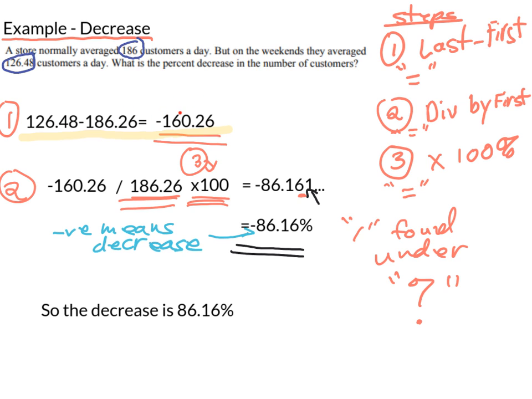We take that number and then we divide it by the first number and times it by 100. That gives us a number. We round it and then we say what our final thing is. So I'm just going to underline the stuff that we need. We need this in your solution, and we need this. So these 3 things that I show you here need to be in your solution, okay? And your final answer should be a written response.